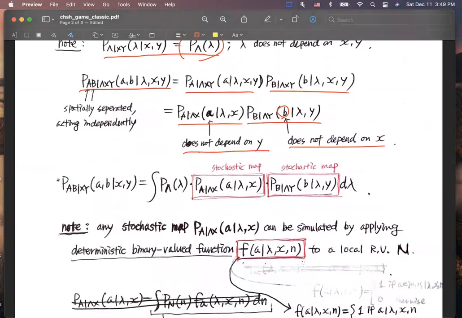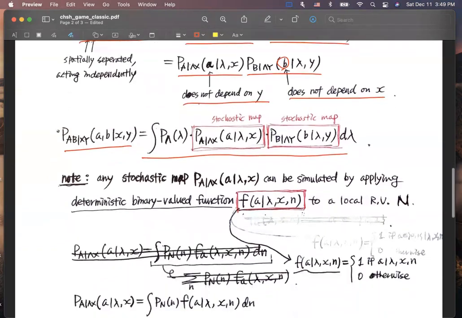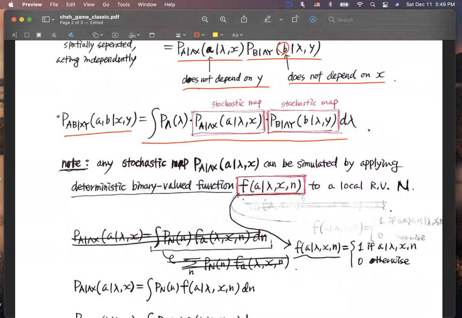So we have this simplified expression of this conditional probability, but note that any stochastic map, probability of a given lambda and x, or probability of b given lambda and y, can be simulated by applying a deterministic binary value function f to a local random variable n. Here n and m are local hidden variables at Alice's location and Bob's location.